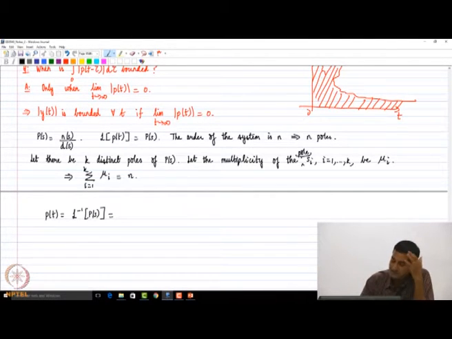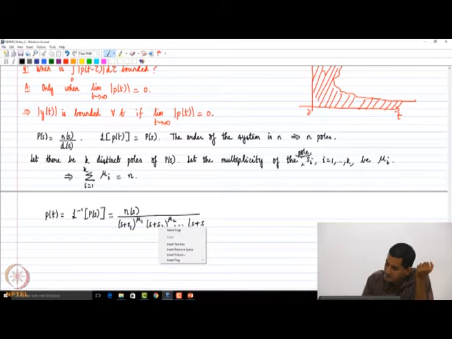So it is going to be N(s) divided by (s + s1) to the power mu 1, (s + s2) to the power mu 2, all the way till (s + sk) to the power mu k.